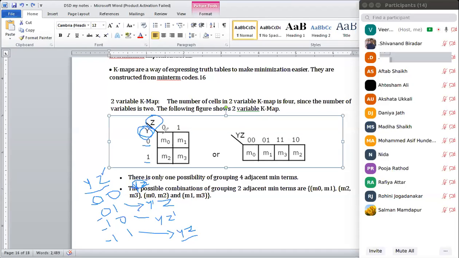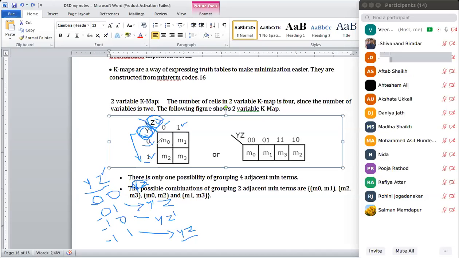In the downside, I have Z, Y, and in the upside, I have the Z variable. Now, what are the values that Y is going to vary? It is only one variable. It will vary only either 0 or 1. Like that, Z also is going to vary either 0 or 1.